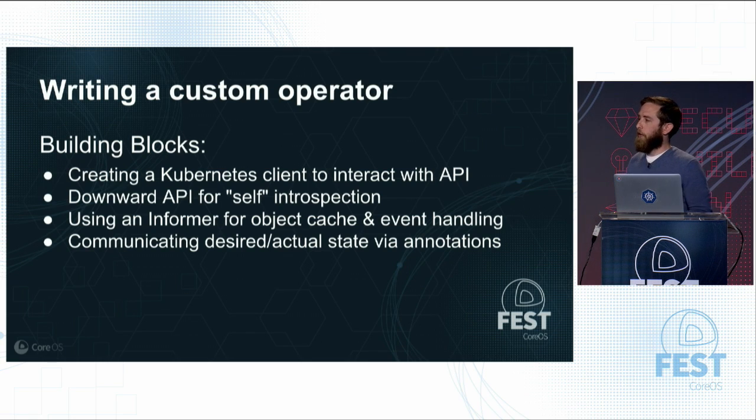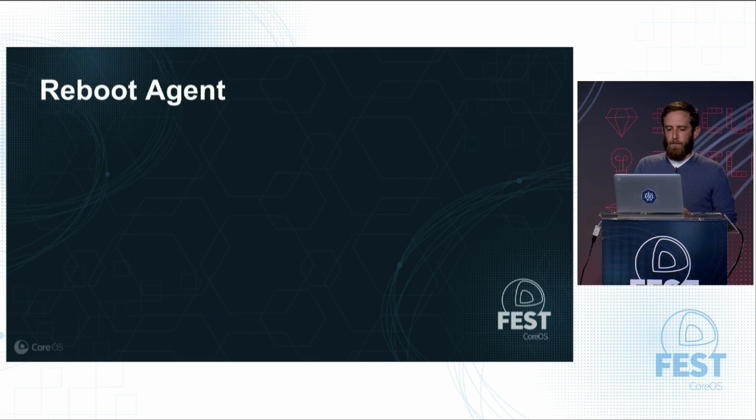Then we're also going to use something called an informer, and it actually gives us object cache and event handling that we won't have to build for ourselves. And we'll go into that in much more depth. And then we're going to be communicating our desired and our actual state. That pattern we're talking about, we're essentially doing via annotations on the node objects. We're saying what our desired state is, whether it needs a reboot or not, just via these annotations.